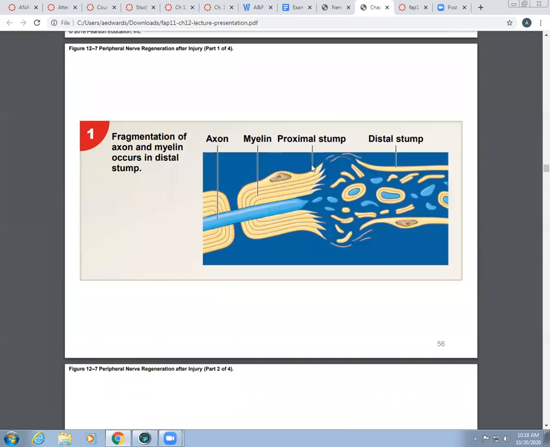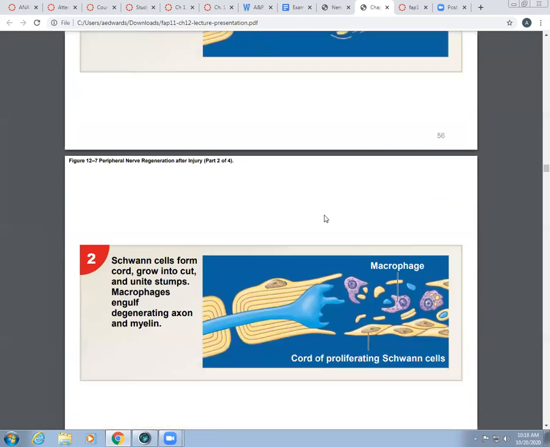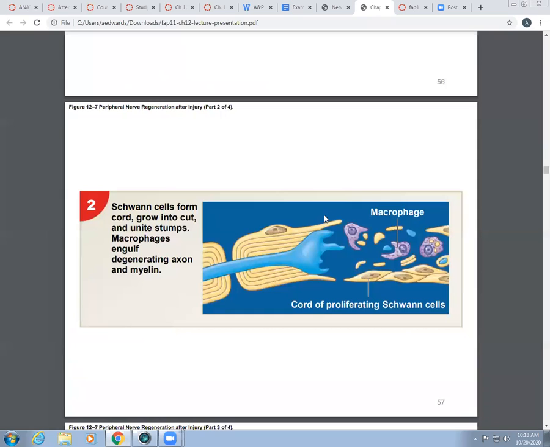All right. So here at this injury, you get fragmentation of the axon. Schwann cells form some sort of cord, and they grow into the cut and unite the stumps, or the ends.